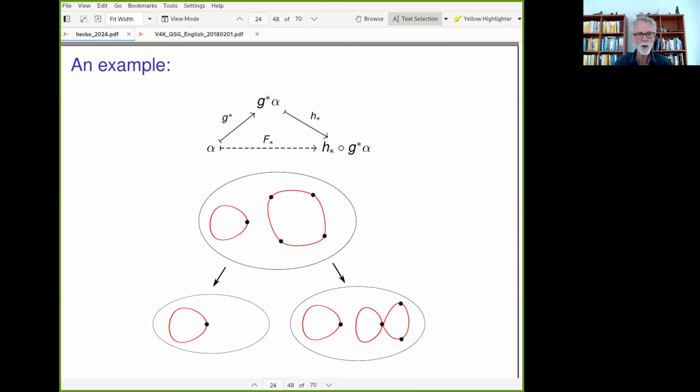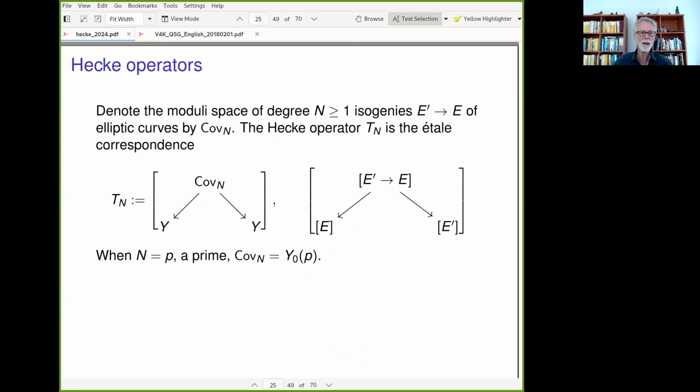Okay. So how do Hecke operators work? Well, we're going to let cov n, for an integer n that's at least 1, be the moduli space of isogenies E prime to E of elliptic curves.